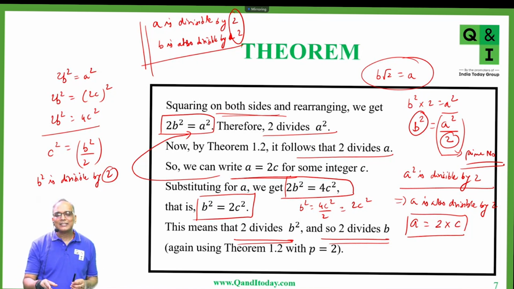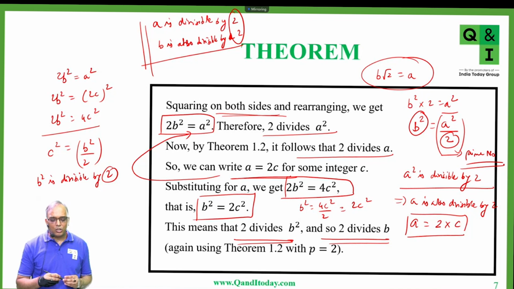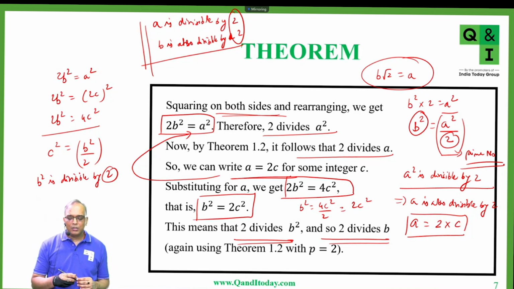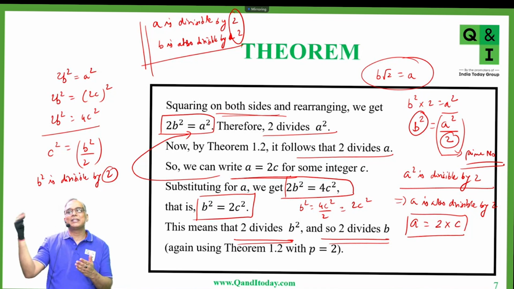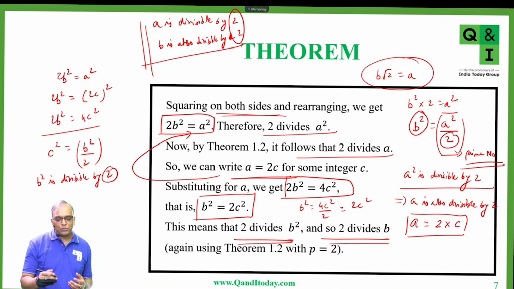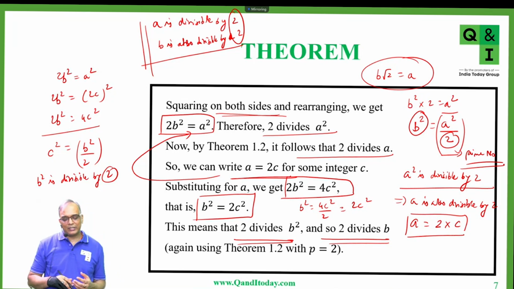So here, since a square is divisible by 2, a will also be divisible by 2 by using the same theorem. So since a is divisible by 2, we can write a as 2 times some number, because 2 is a factor of a. So a is equal to 2 times some integer c, for example.